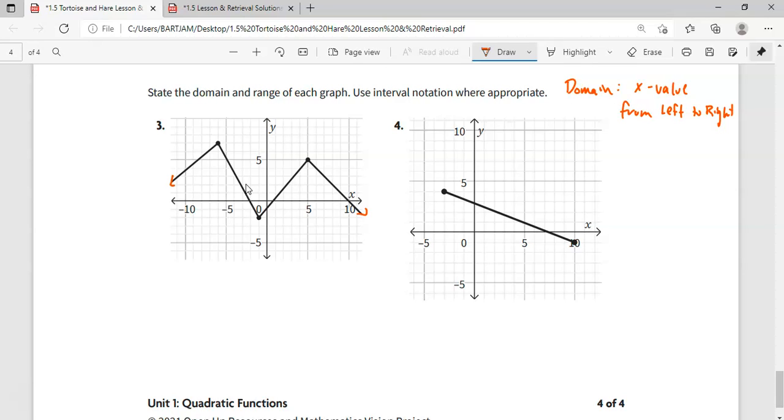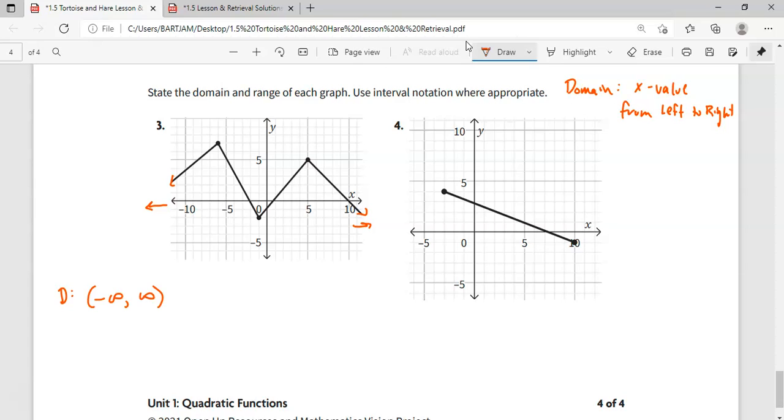And so in my graph for question 3, horizontally, it continues to go to the left. So the domain would extend all the way to negative infinity, and it would continue to the right, and it would extend all the way to positive infinity. And I use parentheses because I cannot get to negative infinity or infinity.